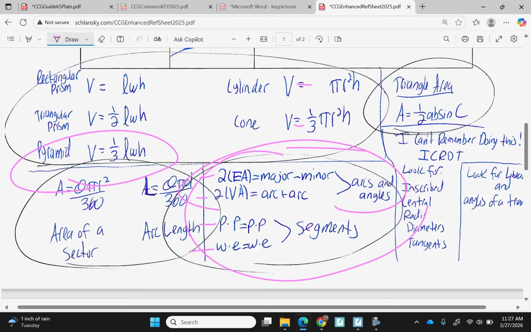These are your arcs and angles rules. These are your segments rules. What's the difference between an arc and angle and a segment? Well, I'll talk to you about that in a moment. E stands for exterior in both cases. So if there's an exterior piece, you're using the formula with the E. If not, then you're not.